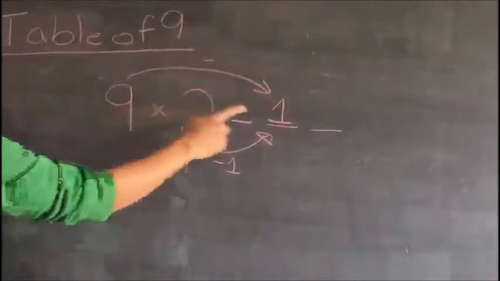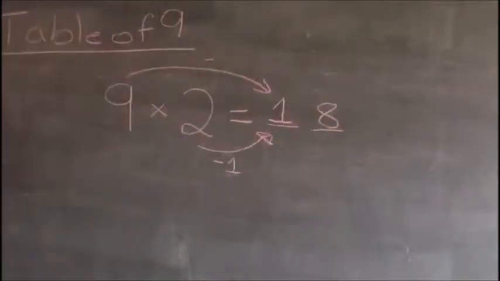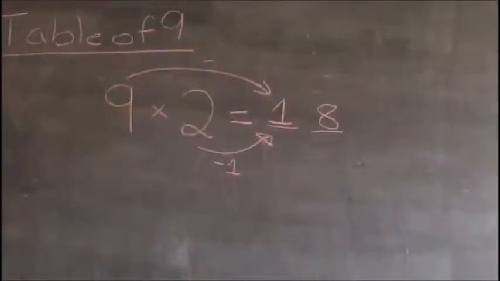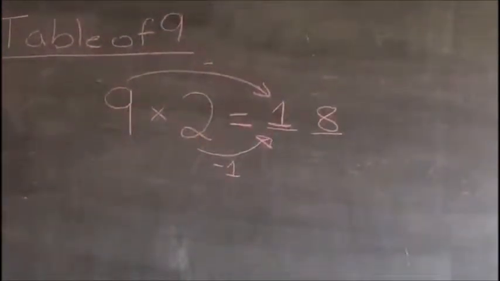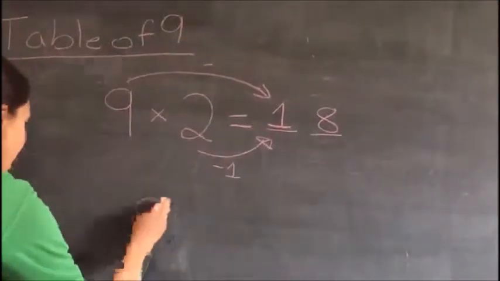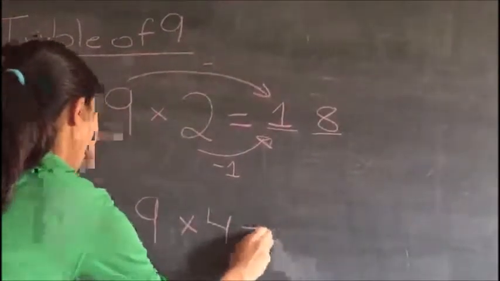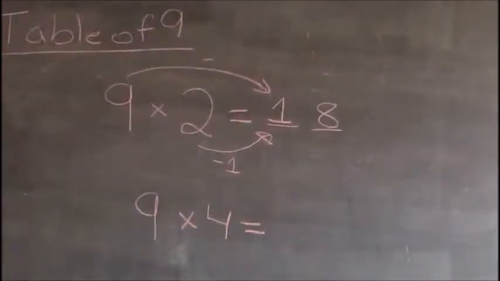And 9 minus 1 is equal to 8. There we have it. 9 times 2 is equal to 18. Easy peasy. Let me show you another example. Let's try 9 times 4.